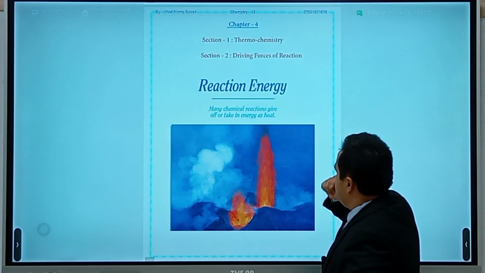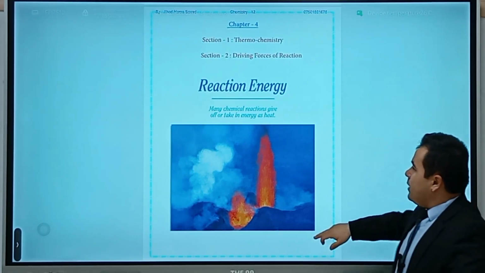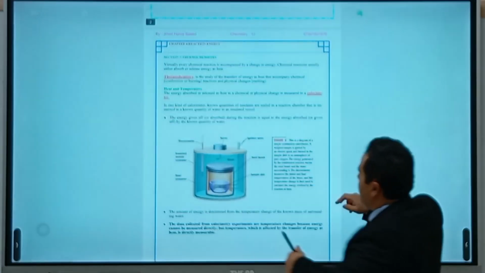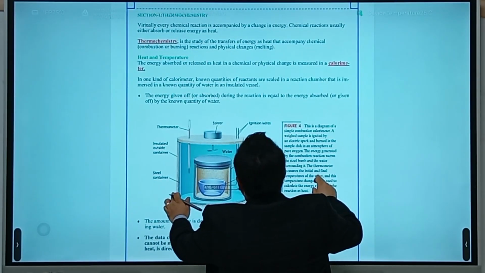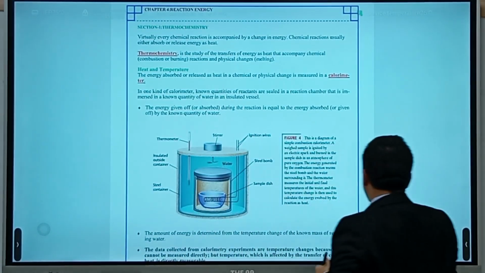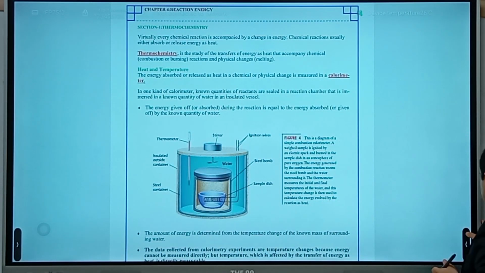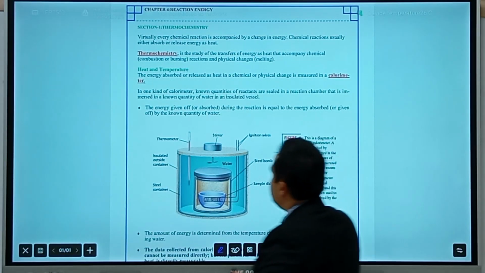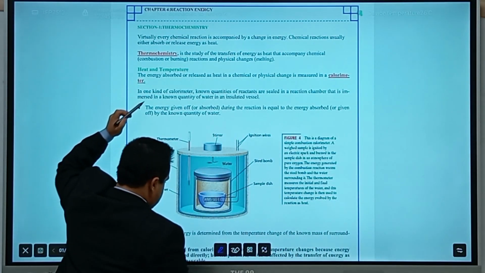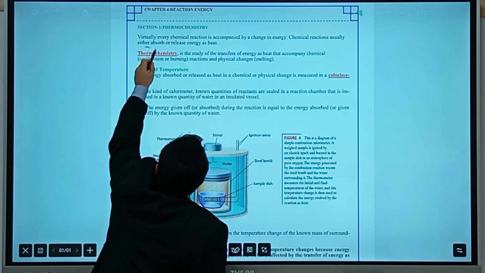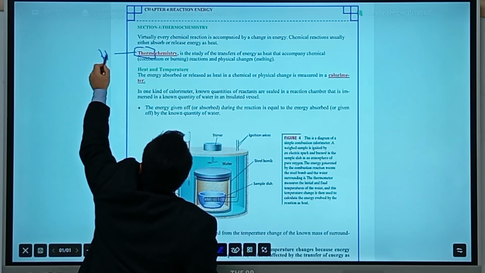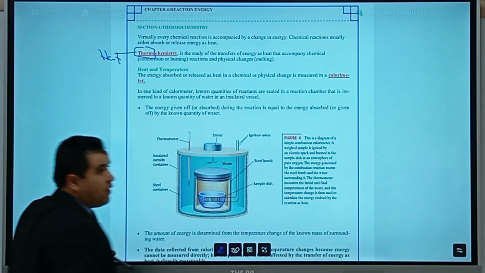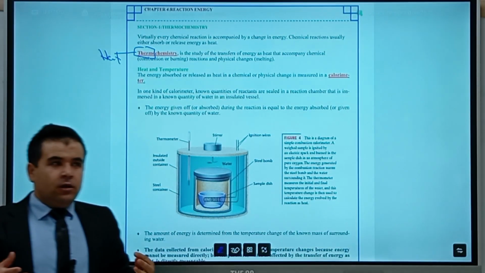The first section is all about thermochemistry. Let us define thermochemistry, and then we'll be talking about the enthalpy of the reaction in detail. Guys, thermo is a term which refers to what? Refers to the heat. Thermal, to the heat.